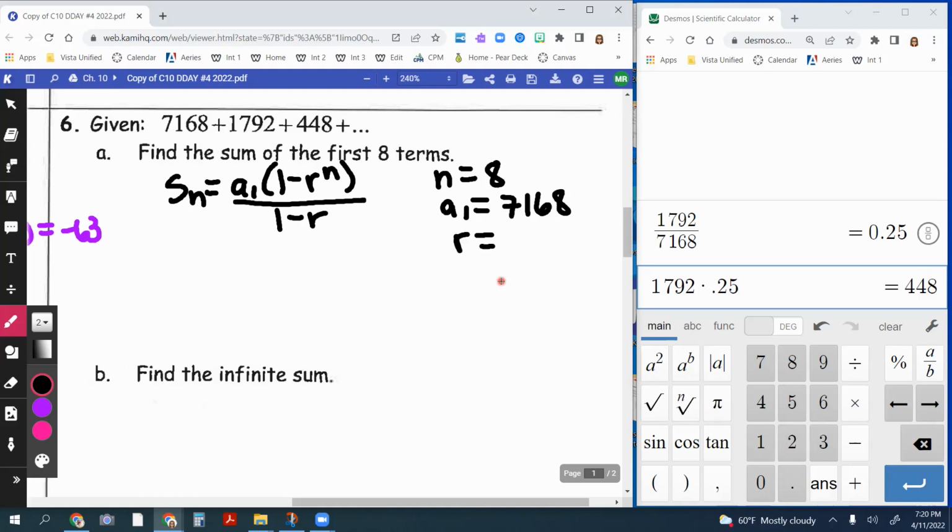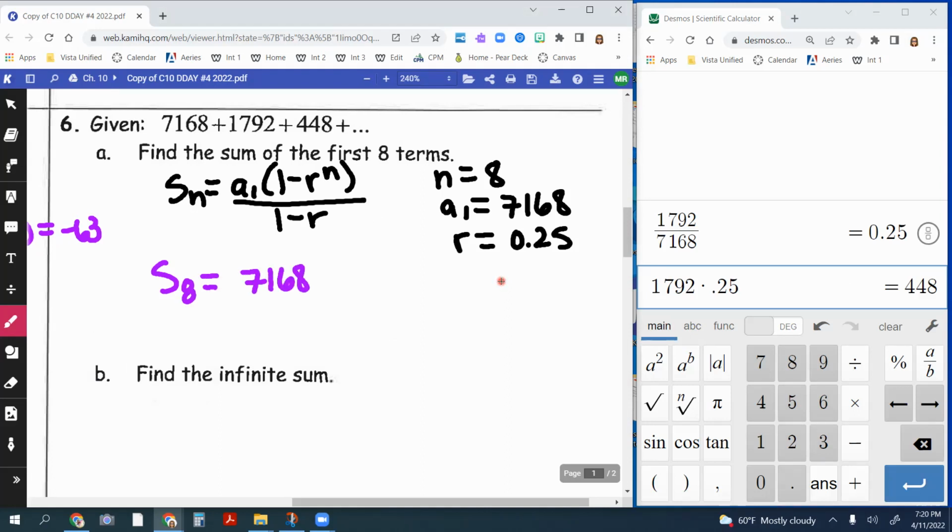My r is what I'm timesing by, which is 0.25. So I'm going to find S sub 8 is equal to 7,168 times 1 minus 0.25 to the power 8 all over 1 minus 0.25.